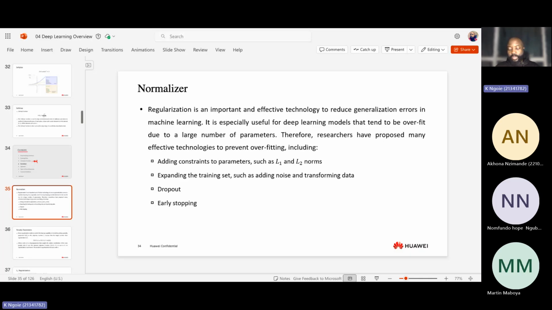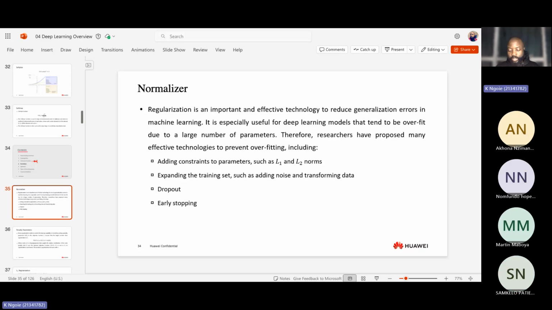As you remember again, what was the difference between the parameters and the hyperparameters? Isn't it that parameters are set by the model and hyperparameters are determined by the developer? Okay, that's good.